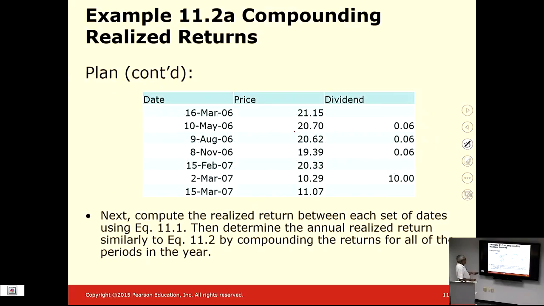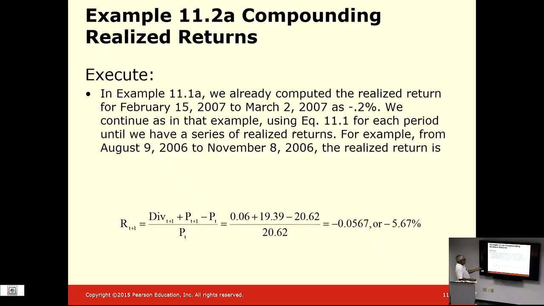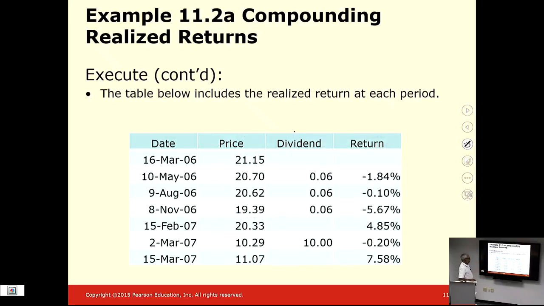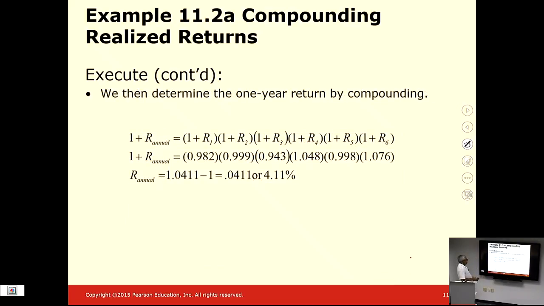Same thing, you will engage in the same process. You have price, you have dividends, you will convert them into returns, a return series like this, and then you will multiply everything over that 12-month period. So that gives us a 1-year return by compounding.